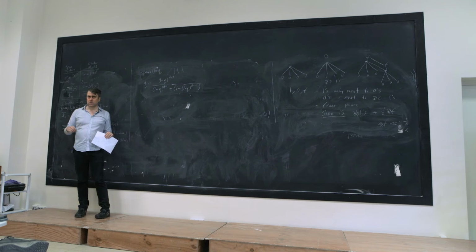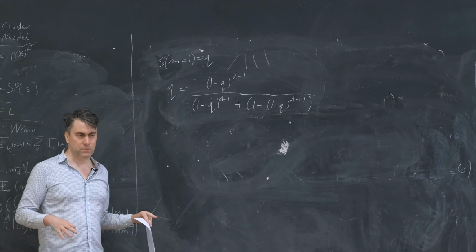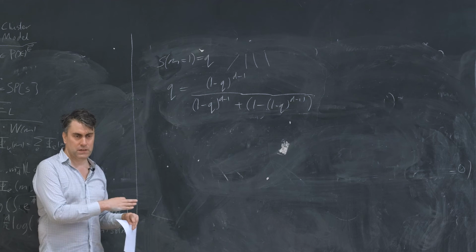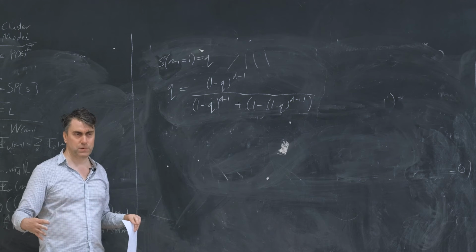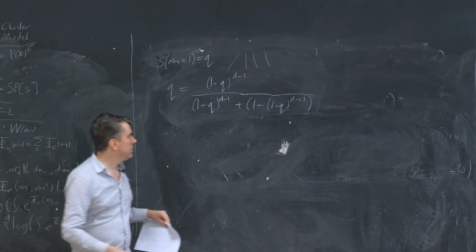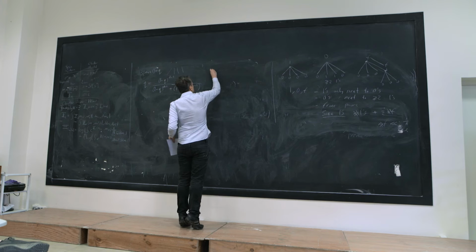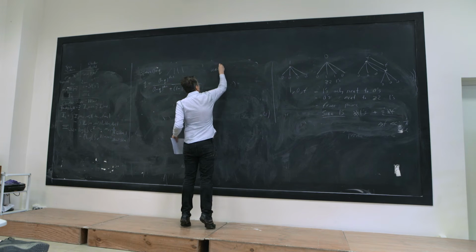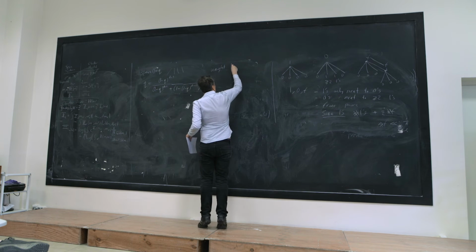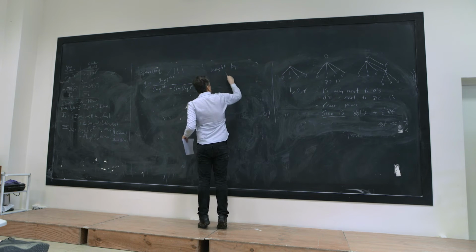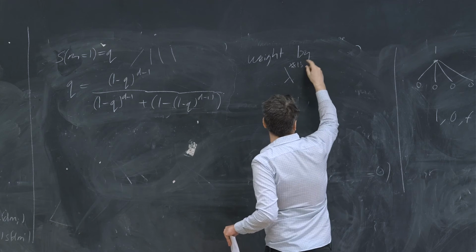Well, we're optimizing in the space of empirical distributions, so we want to introduce a Lagrange multiplier, which is the same as weighting things by lambda to the power of the size of the maximal independent set.